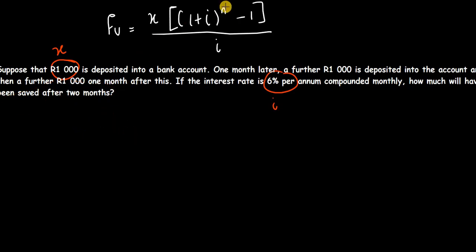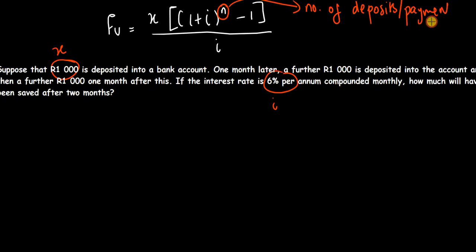However, in this formula, what is n? Let's understand that n is not the number of years. However, n is the number of payments. Okay, it's the number of deposits or payments.